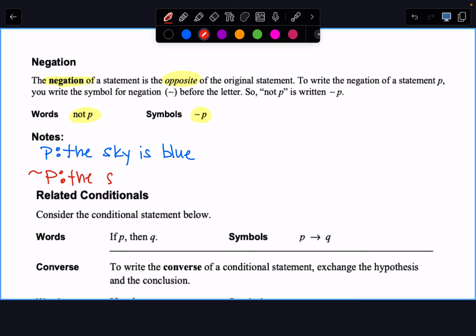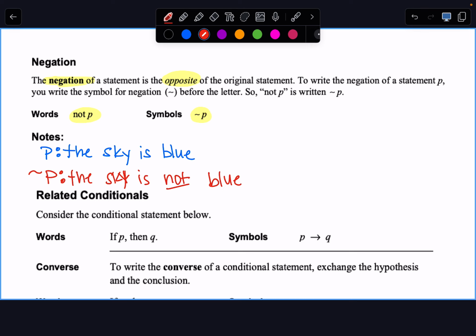The sky is not blue. Okay, the sky is not blue. We basically just say the no version. We keep the wording as close to the same as possible. It's just not. Okay?